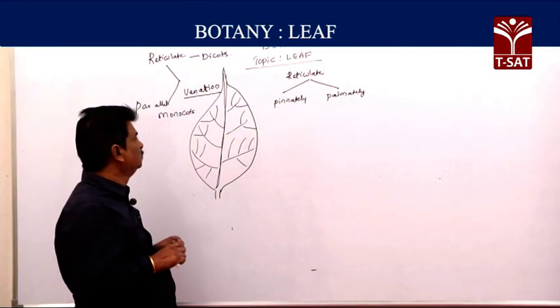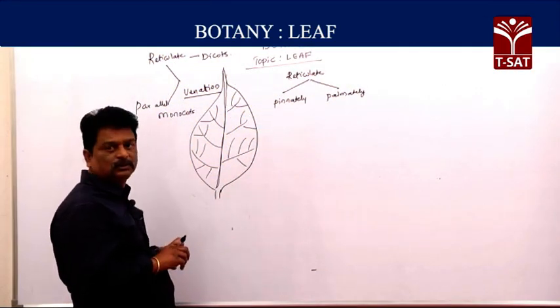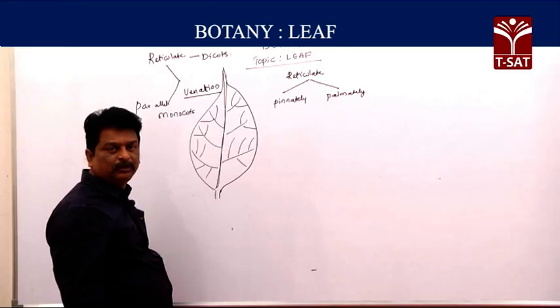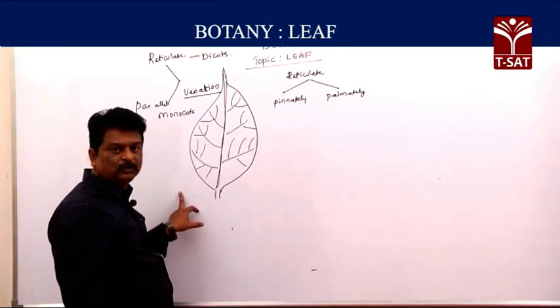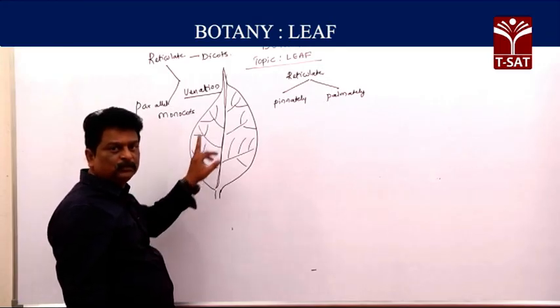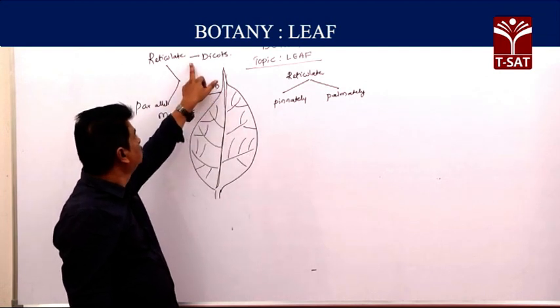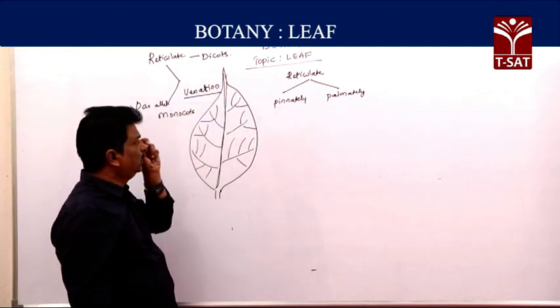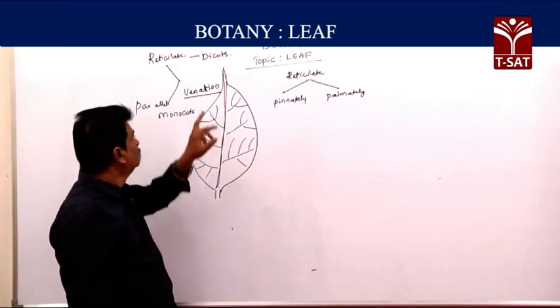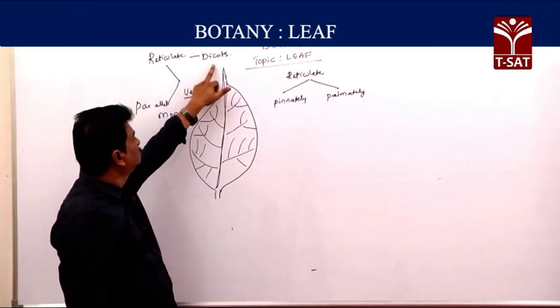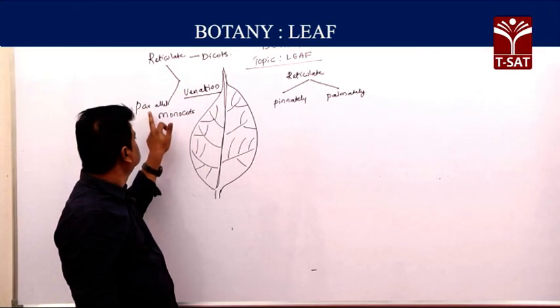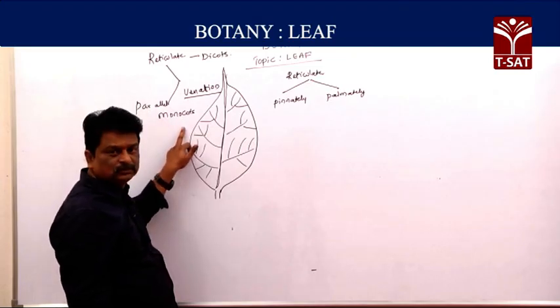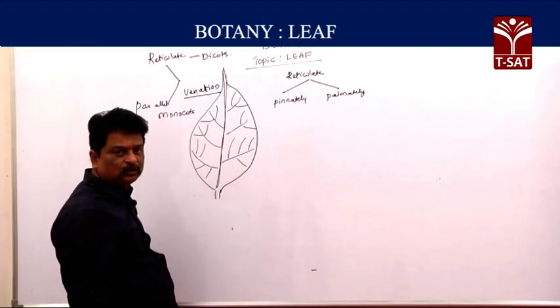Venation means the arrangement of veins and veinlets on the lamina. Venation is of two types, reticulate venation and parallel venation. Reticulate venation is common in dicots. Parallel venation is common in monocots.